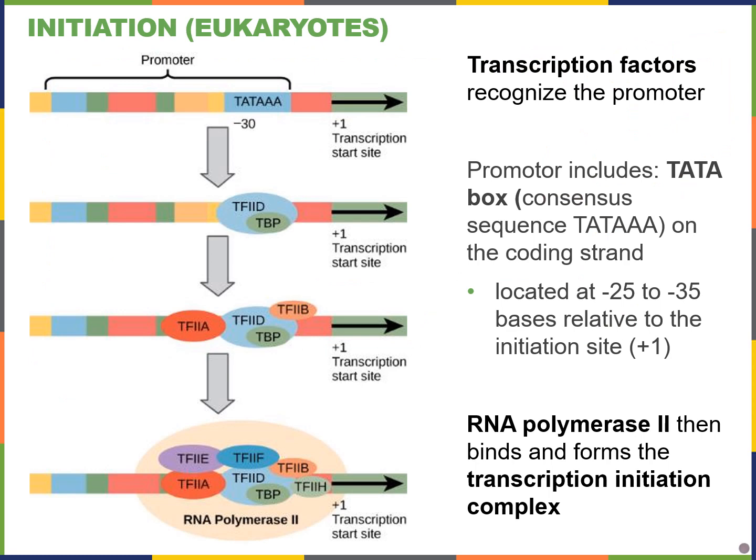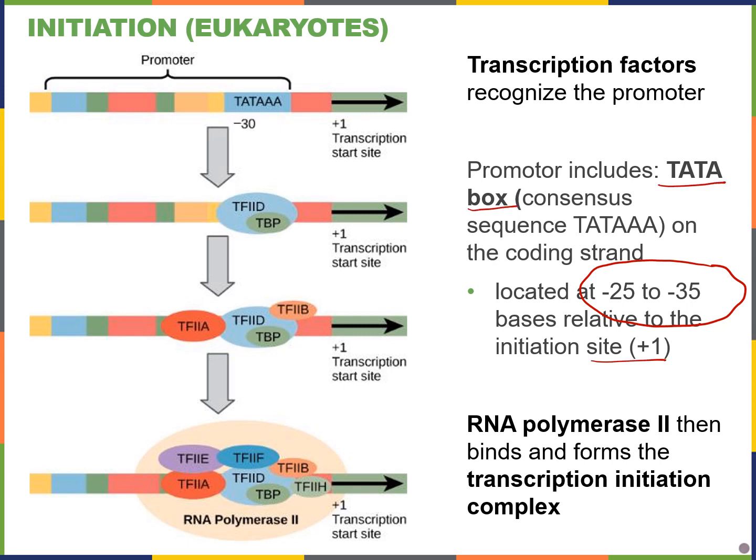If we look at the first step of transcription, or initiation, in eukaryotes, the promoter is much larger and more complex than the prokaryotic promoters that we saw earlier. But there is a sequence like one we saw earlier in prokaryotes, which was around -10 nucleotides upstream from the initiation start site. In eukaryotes, it's located around -25 to -35 bases upstream of the initiation site, and that's known as the TATA box.